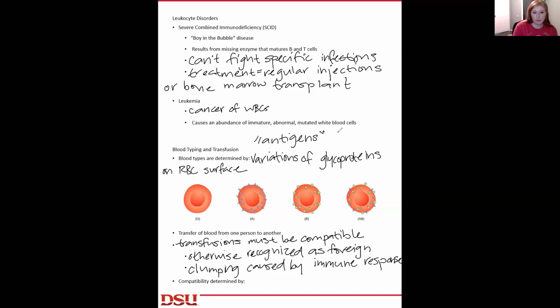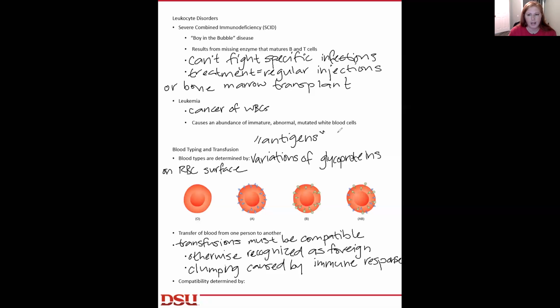Now this can seem confusing because we just said that antigens are any foreign substance that can trigger an immune response. Well, if you get the wrong blood type into your body, that blood is an antigen. More specifically, the glycoproteins on that blood are antigens. So sometimes you'll hear it said that the red blood cells have antigens on the surface.